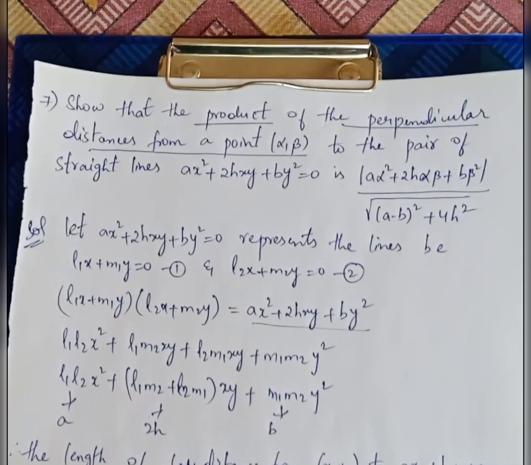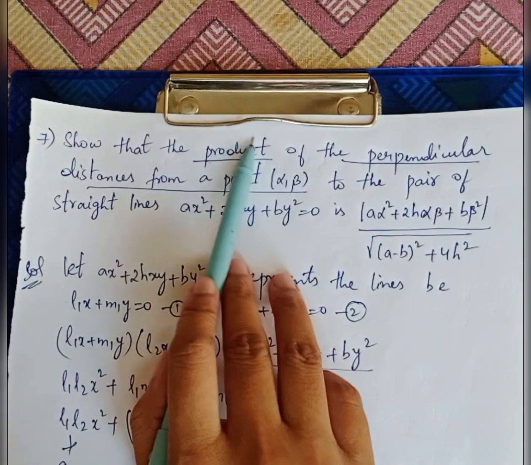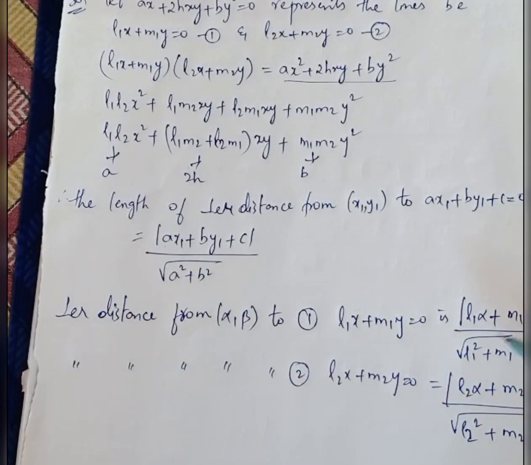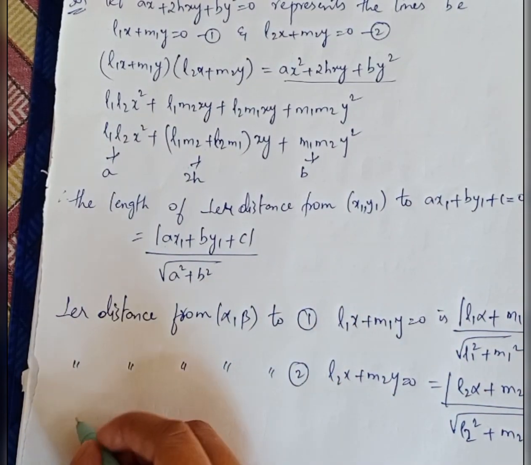In the question, it is given as the product of these two perpendicular distances. So we need to multiply these two.